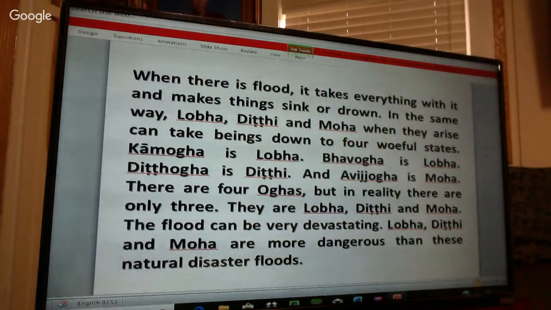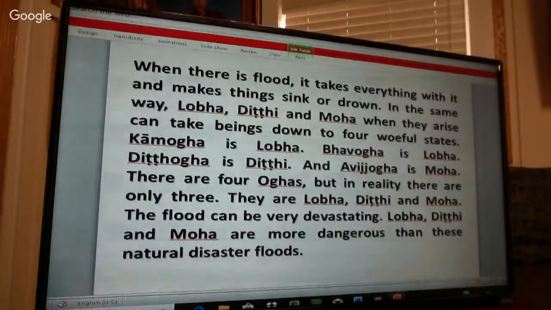We have awareness after practicing meditation. If you don't have meditation experience, you don't know that ogha flooding. You don't catch the meaning of the flooding. Very, very dangerous.